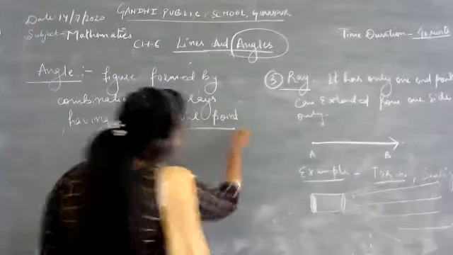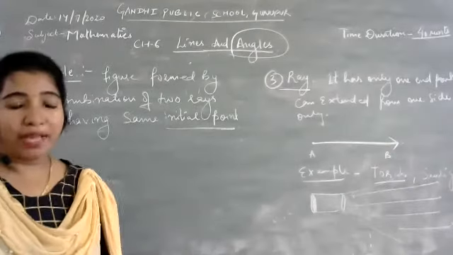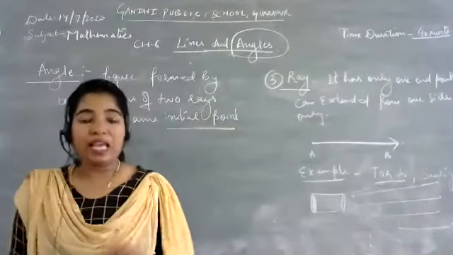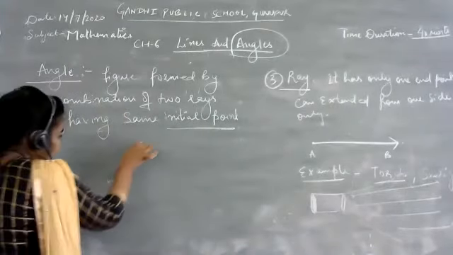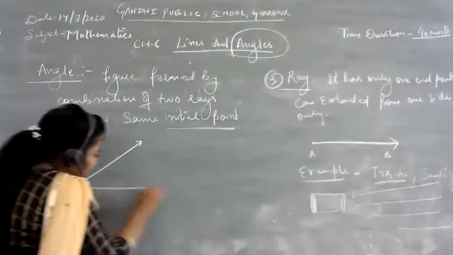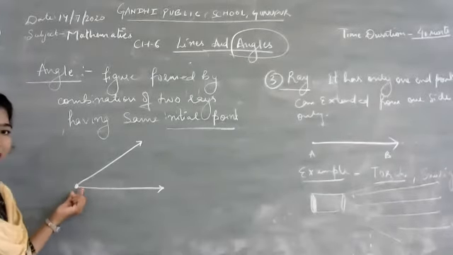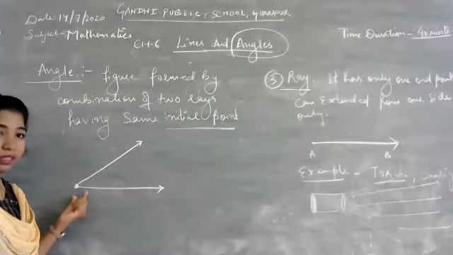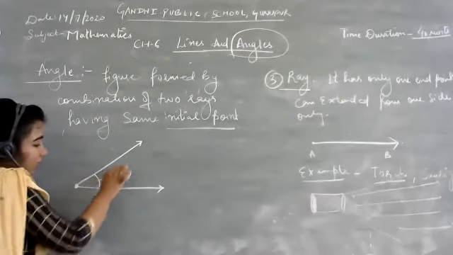This means if I take two rays in such a way that they have the same starting point, then I can say the figure formed is an angle.